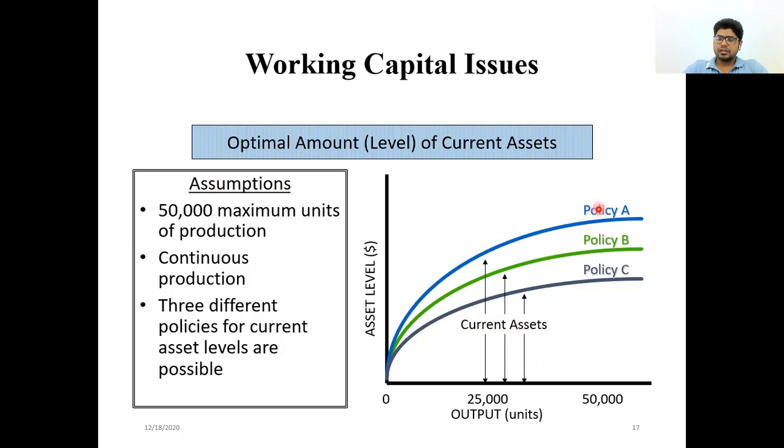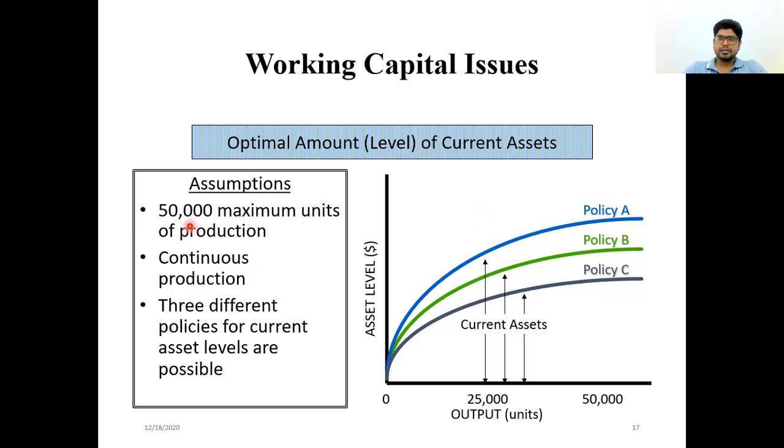Here we have three policies: policy A, policy B, policy C. Policy A has a maximum amount of current assets, policy C has the minimum level of current assets, and policy B is moderate, playing in the middle. Here we have assumptions.